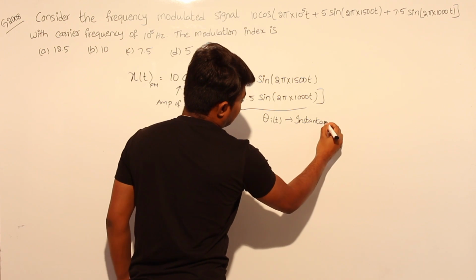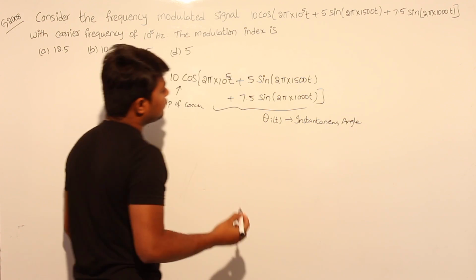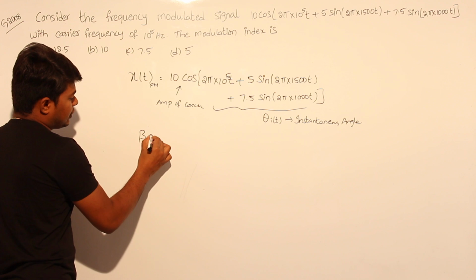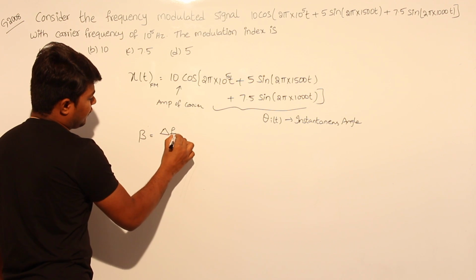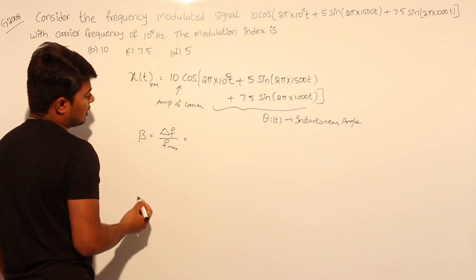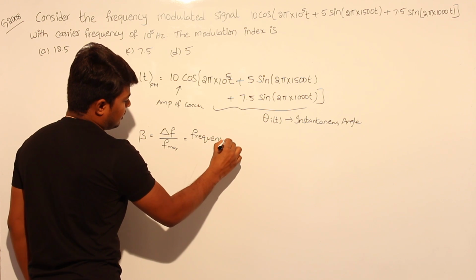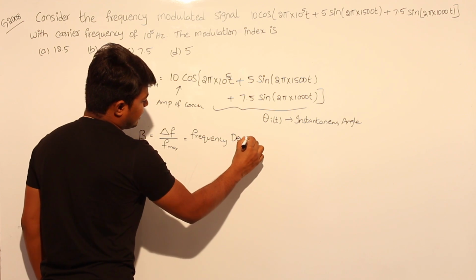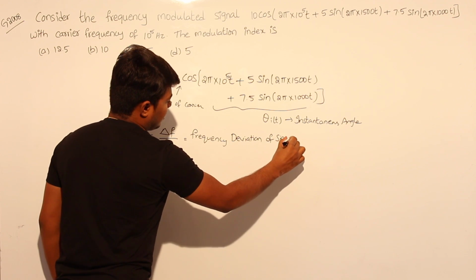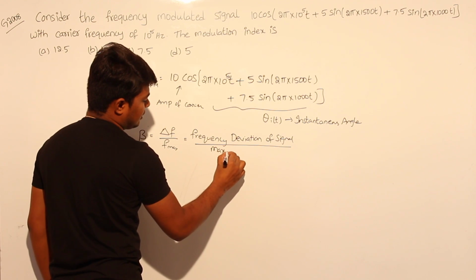For calculating modulation index given by beta, we should calculate delta f by f max. This is nothing but frequency deviation of the signal by maximum frequency.